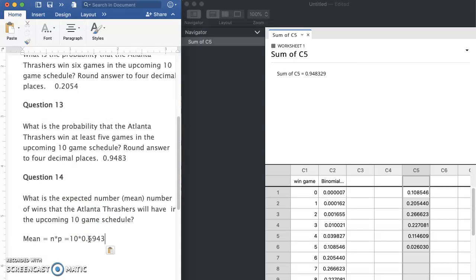And then I'm going to multiply that on my calculator, and when I multiply that on my calculator, I get the average mean of 6.943. Okay, so your mean is always just found by n times p. You don't have to do anything in Minitab to find that.